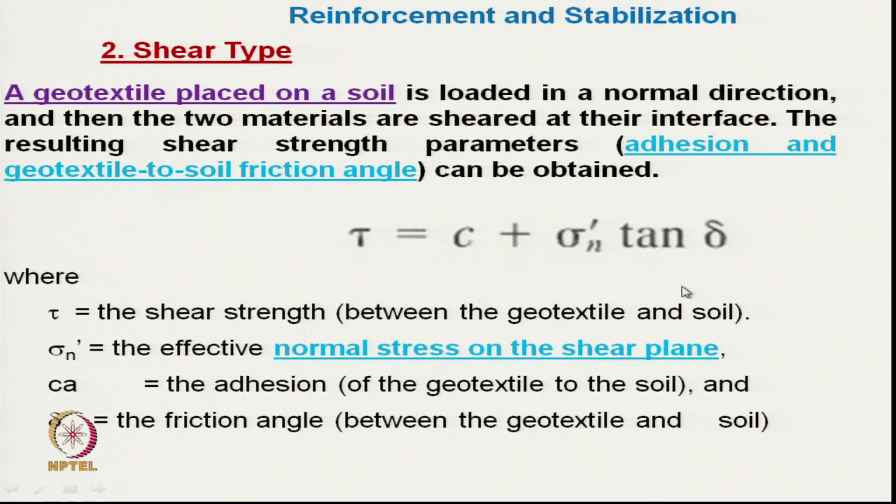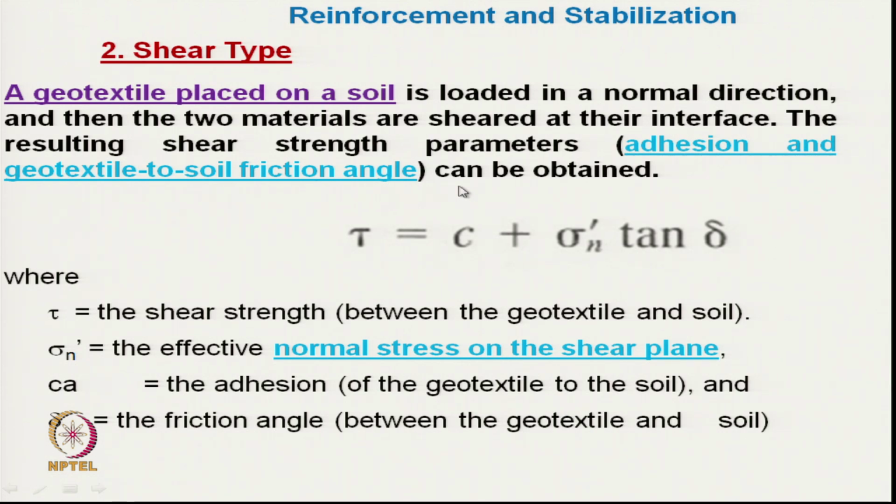Next is the shear type. A geotextile is placed on soil, is loaded in a normal direction, and then the two materials are sheared at their interface.